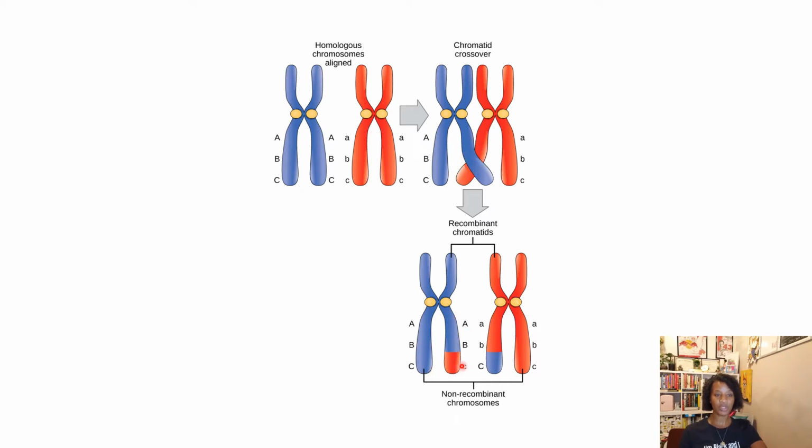So now the paternal chromosome has a little bit of maternal chromosome genetic material, and the maternal chromosome has a little bit of paternal genetic material. So after prophase, the two chromosomes are not the same as they were when they started prophase, and we see the first occurrence of genetic variation.